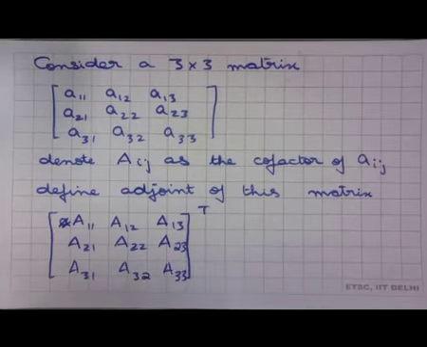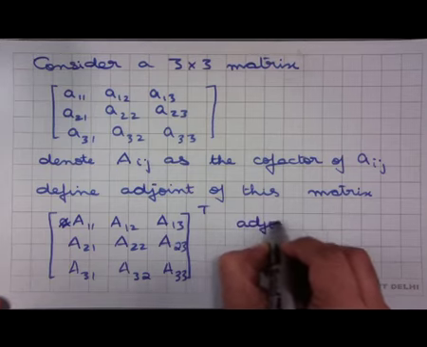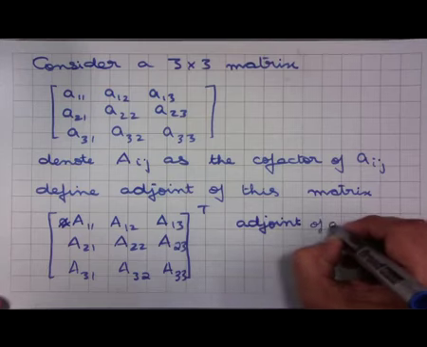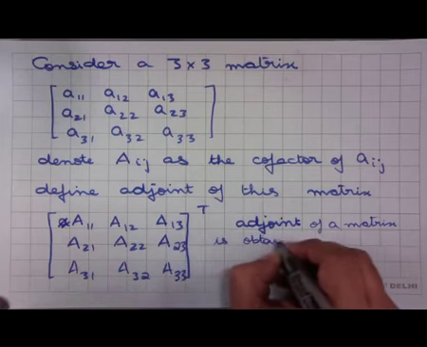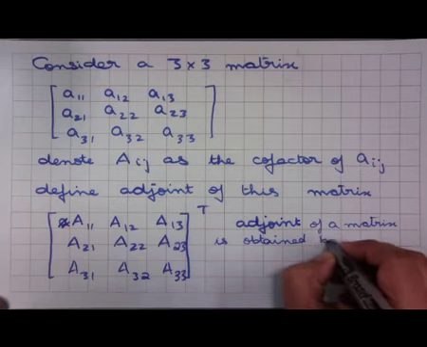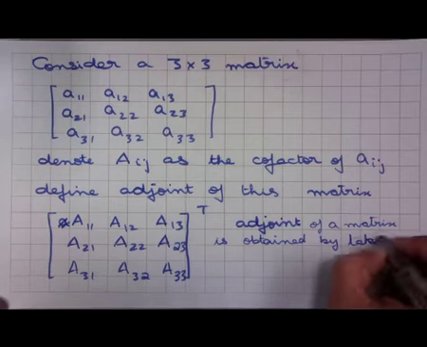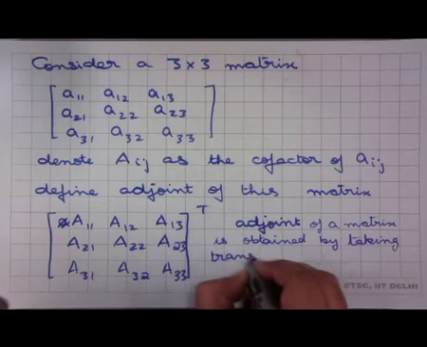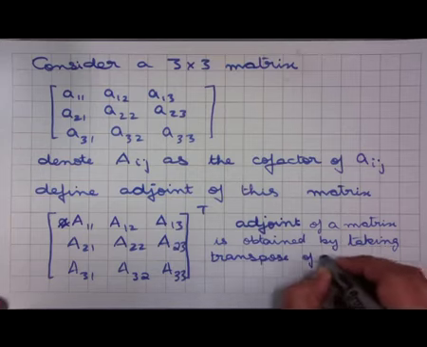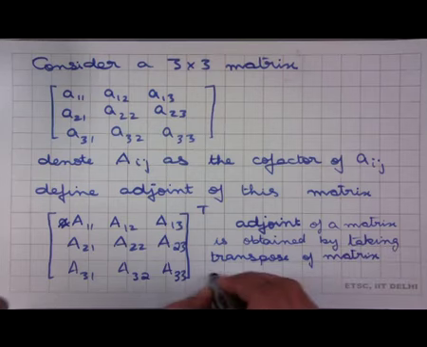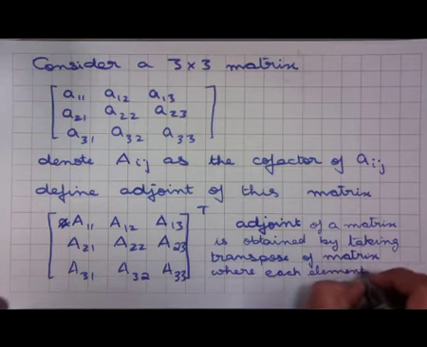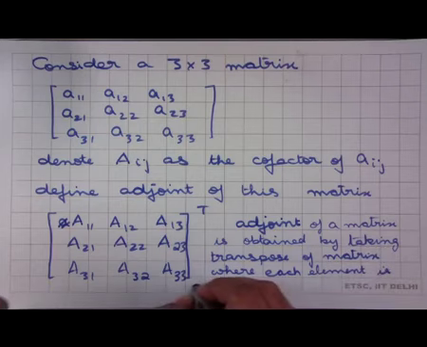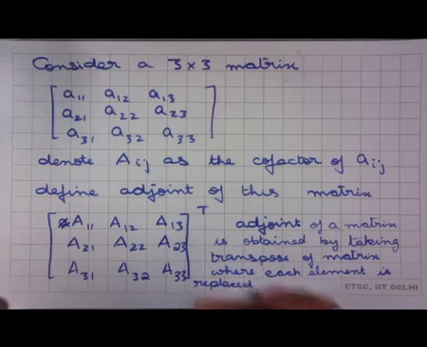So, the adjoint of a matrix is obtained by taking the transpose of the matrix where each element is replaced by its cofactor.